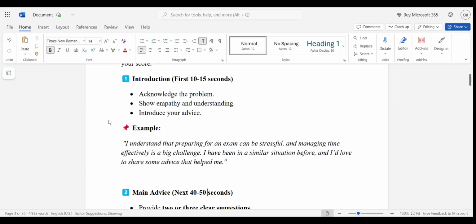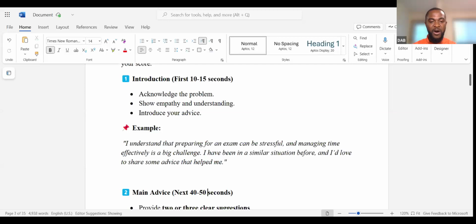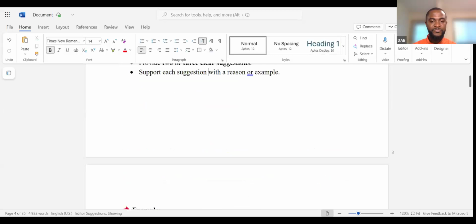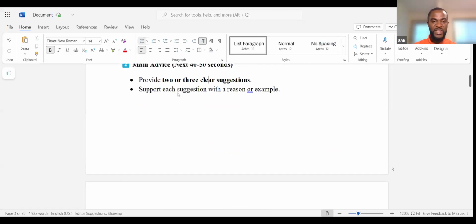Then with the main advice, now you've laid down some points. You provide 2 or 3 clear suggestions. Then you support each suggestion with a reason or example.